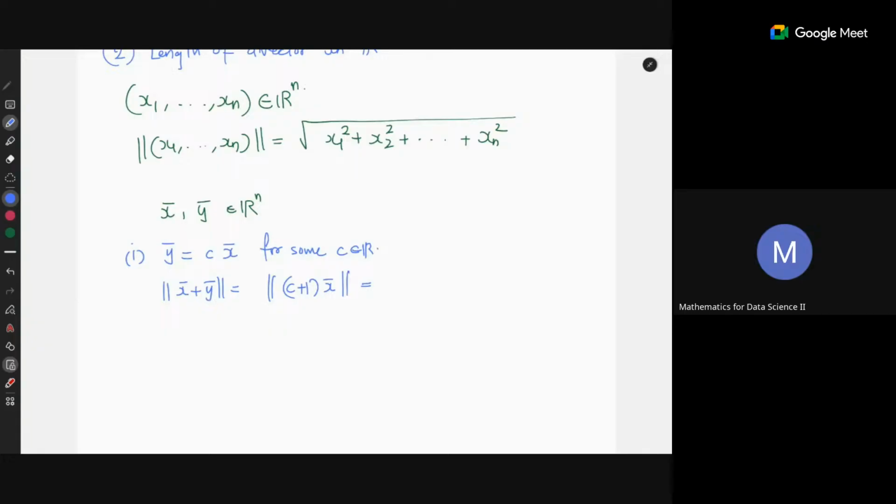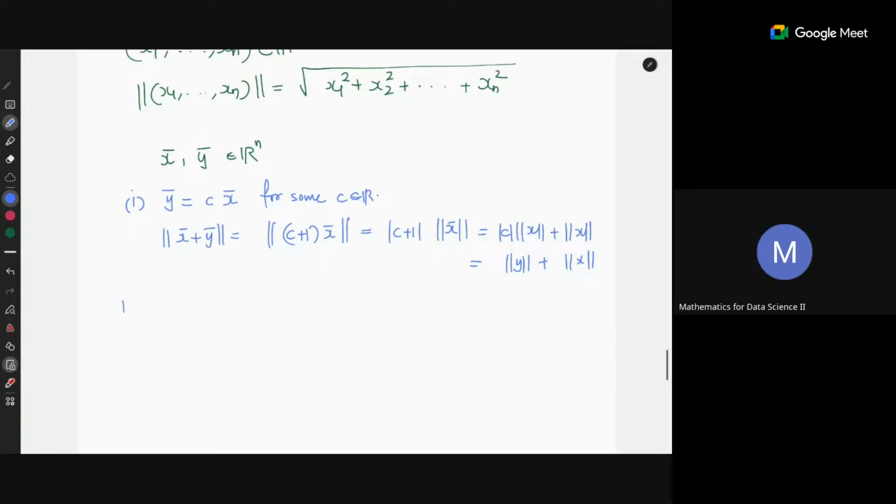Now you can apply one of the conditions. You can take c plus 1 out of the norm, and then you will get this. The best part is that it will be just c times the norm of x plus the norm of x, which is the same as the norm of y plus the norm of x. So you will get equality in this case when they are dependent.